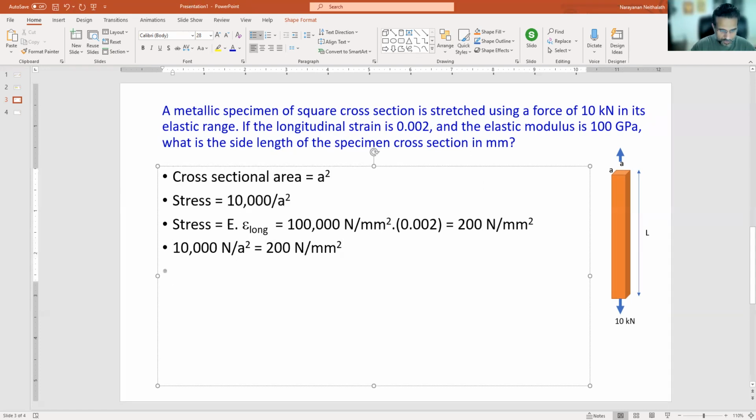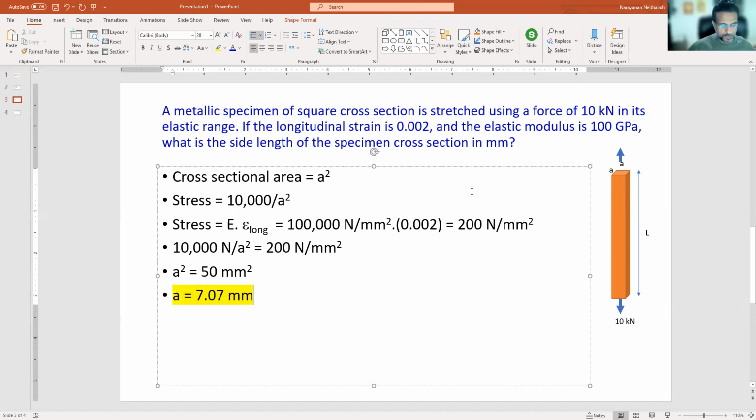We can do the simplification. A square, or the area, is equal to 50 millimeter square, right? 10,000 divided by 200, 50 millimeter square. If A square is 50 millimeter square, the side length A is equal to 7.07 millimeters.